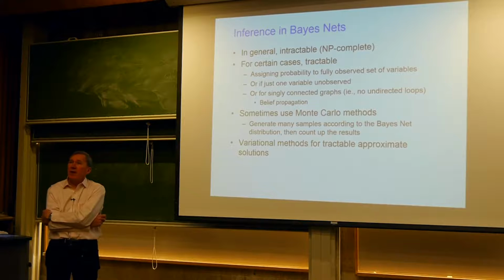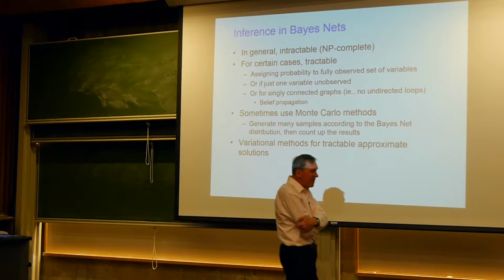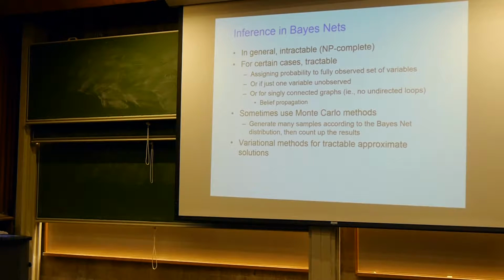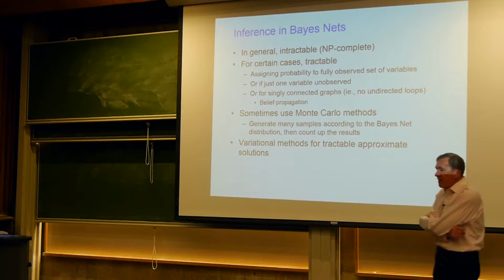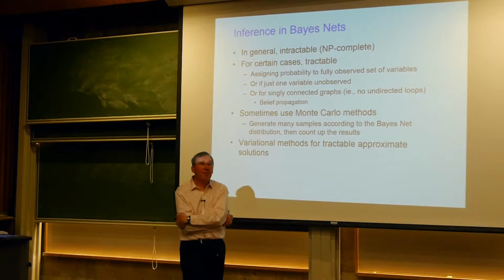In general, when I talk about inference in Bayes nets, what I mean is, given a Bayes net and an arbitrary question of the form, well, what's the probability of this subset of variables taking on these values, given this subset of variables has that set of values? Then the inference problem is to answer arbitrary questions of that form.